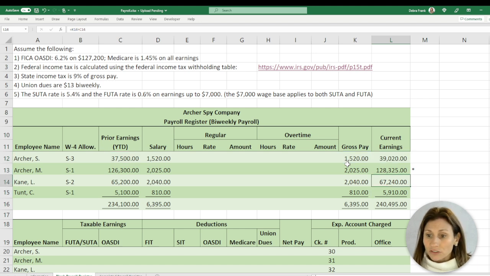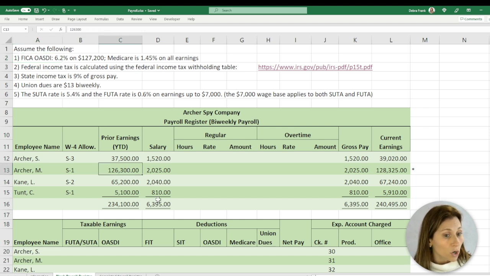And you can see here that I did star Archer M, because they are actually at now 128,325 for the earnings. I want to take note of that because when we look at our assumption one above, we can see here that OASDI is up to 127,200. So we're over. So let's backpedal a little bit and let's look at the prior earnings.